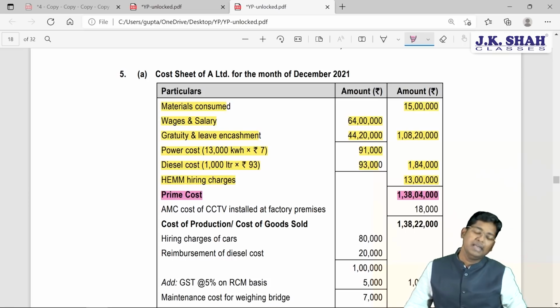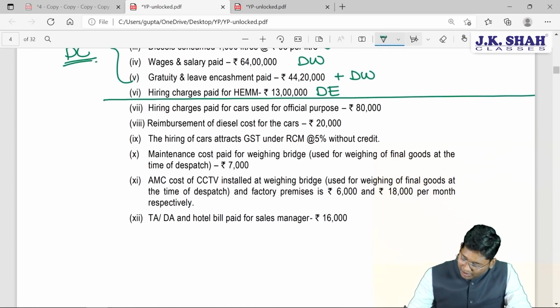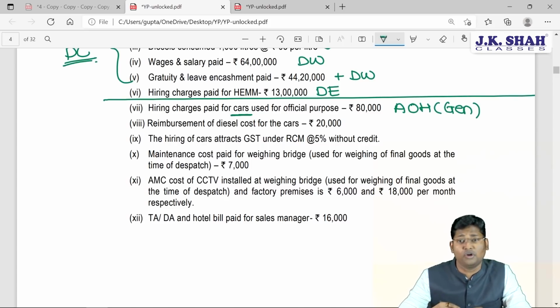After prime cost, secondary cost starts. Secondary cost item number 1. Here a list of secondary cost items is given, where point number 7 says hiring charges paid for cars used for official purpose. This is administration overhead, general administration overhead for the company, because it is not related to production.